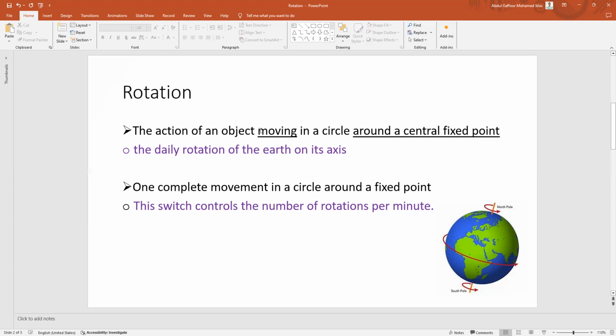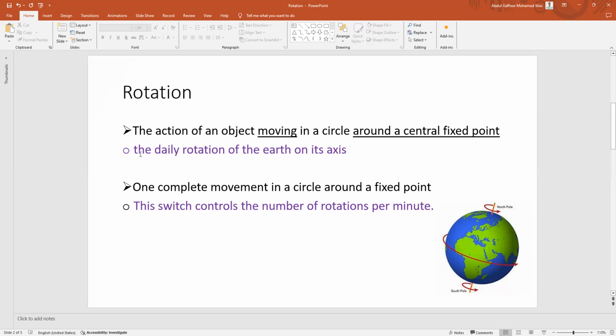Nobody will ask in your examination what rotation means, but you have to understand. So the action of an object moving in a circle around a central fixed point is one definition.